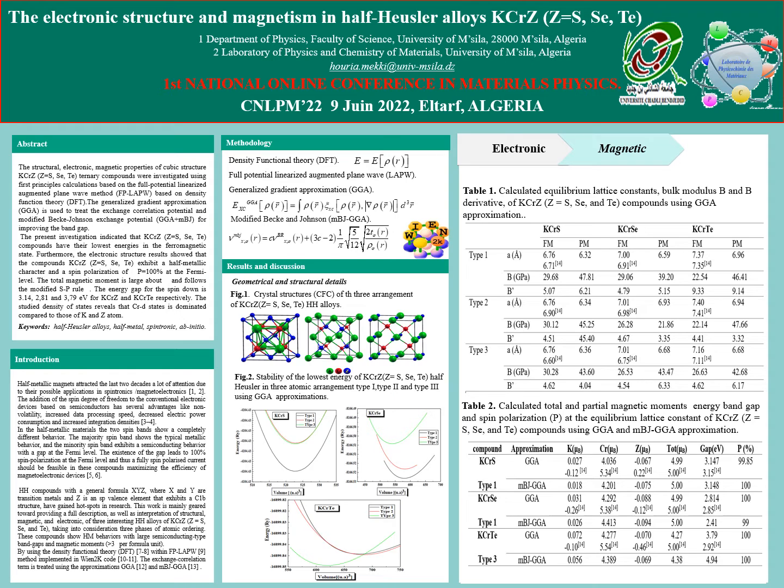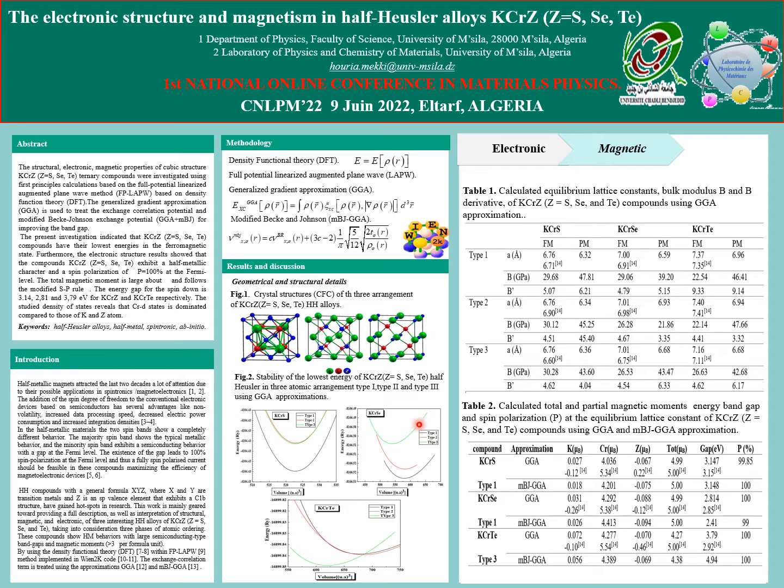Going to the results. Our compounds crystallize in a cubic phase, with potassium in green, chromium in red, and atom Z in blue. On the other hand, we have the stability, the lowest energy of our compounds, for 3 atomic arrangement types: type 1, type 2, type 3.